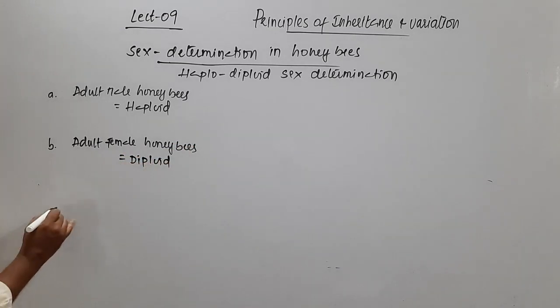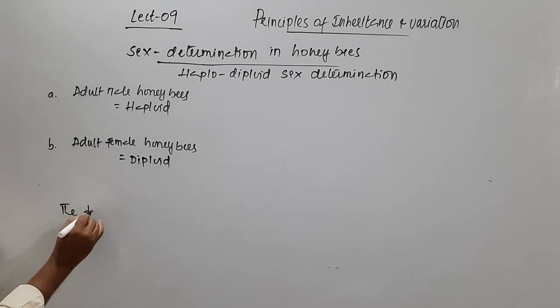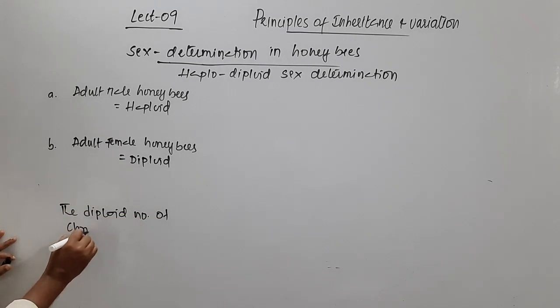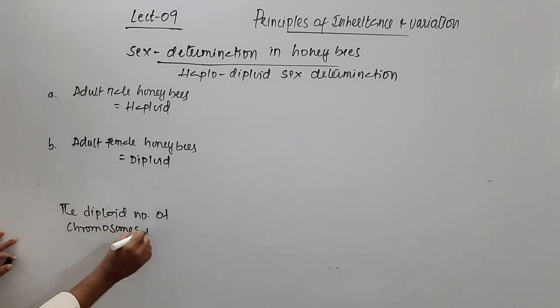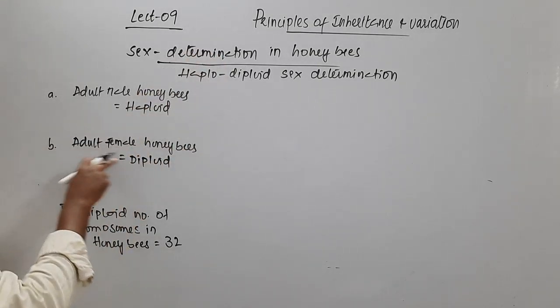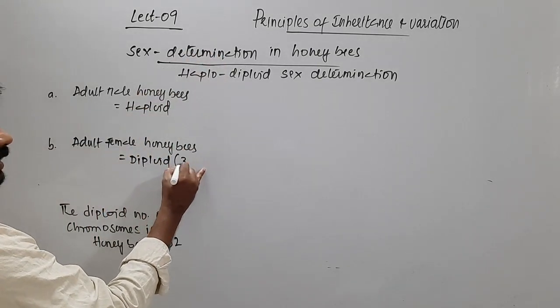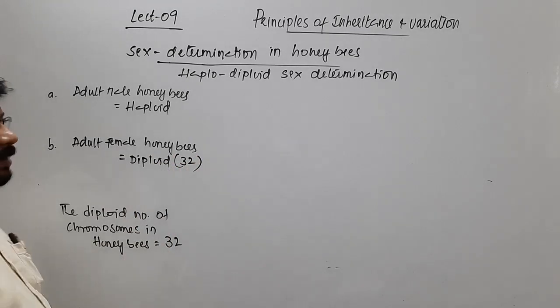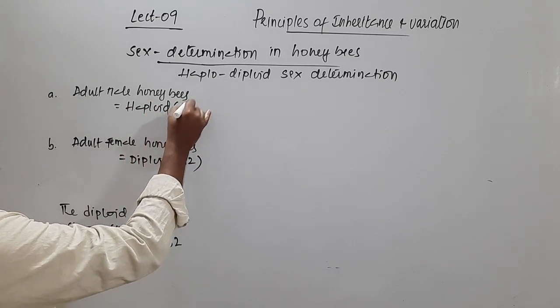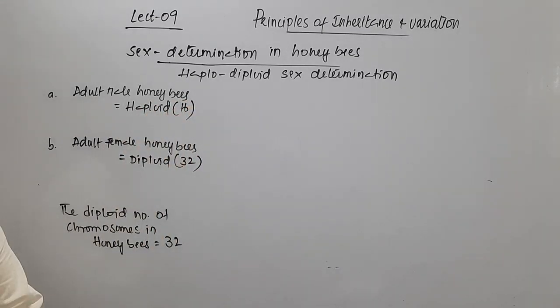I'll just mention here the diploid number of chromosomes in honeybees is 32. So they have 32 chromosomes in the diploid condition. Hence the adult female honeybees will be having 32 chromosomes, but the adult male honeybees, who are haploid, will have only 16 chromosomes.